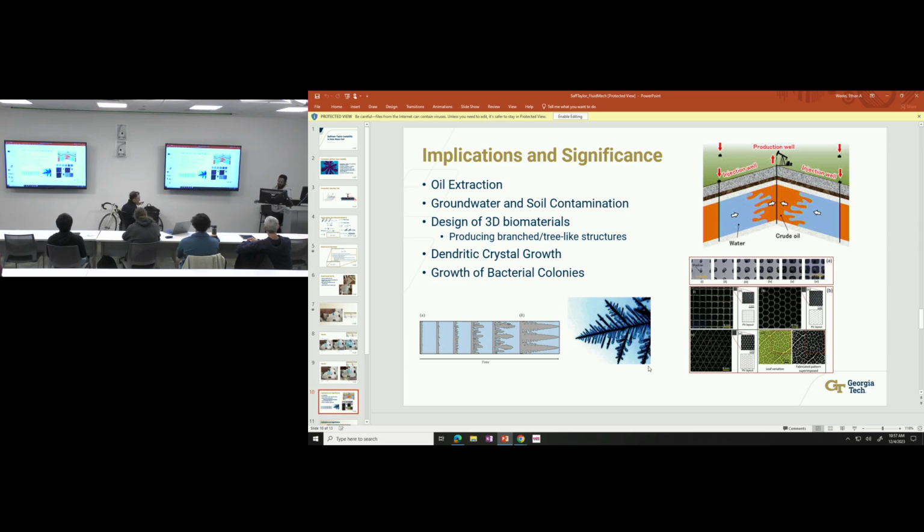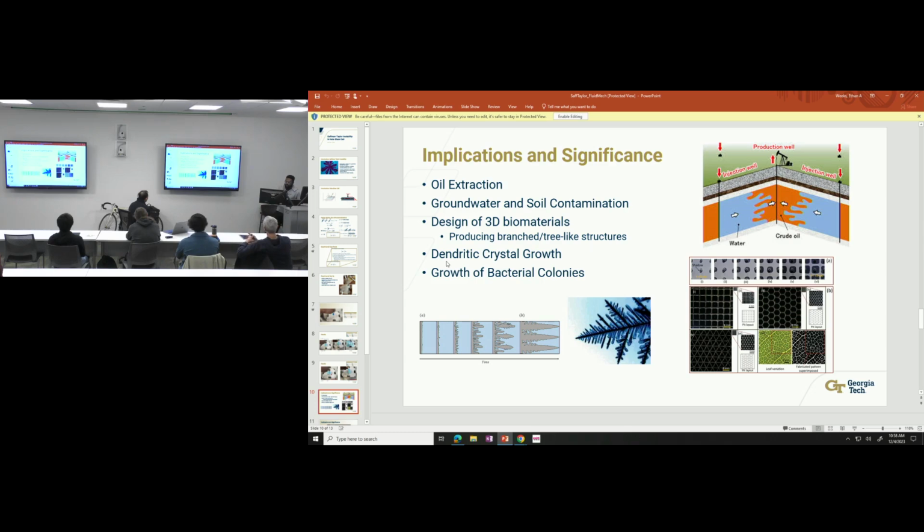And then, interestingly for me, was the design of 3D biomaterials. There are different methods in which they utilize their understanding of this viscous fingering to create branched and tree-like structures that can be used to create leaf fenestrations, which you can see here, as well as flow channels or producing neuron type structures.